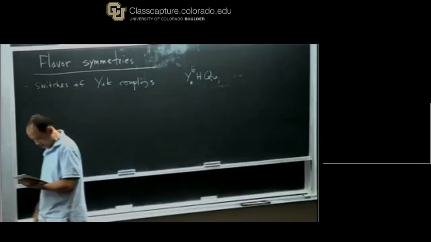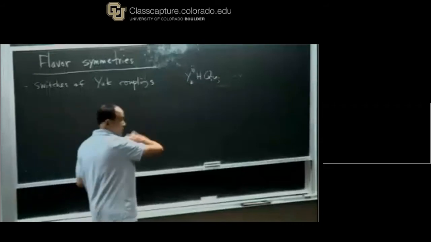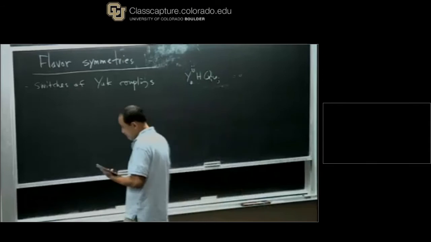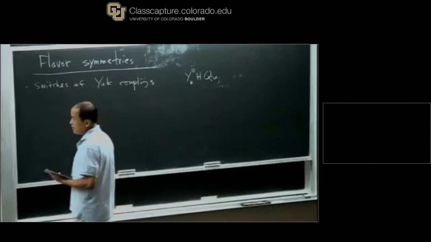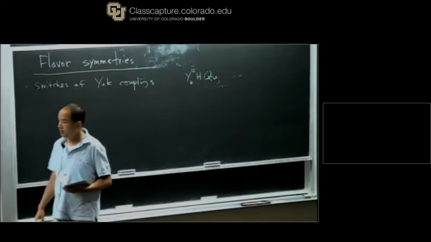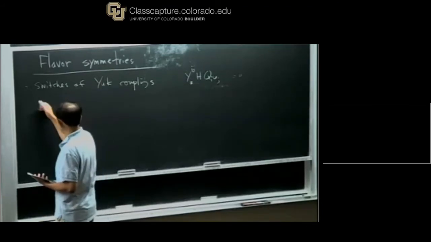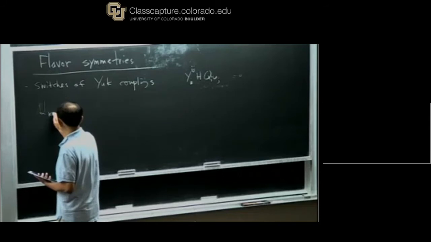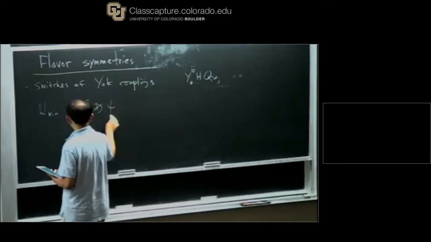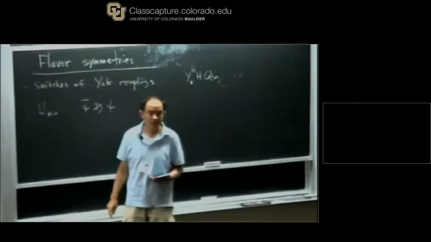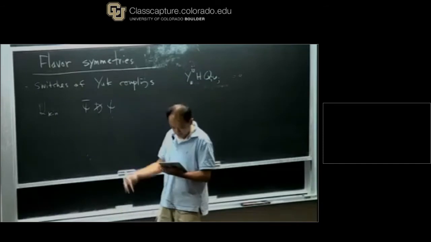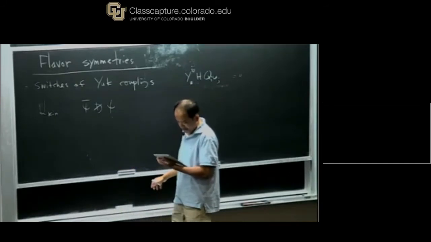So let's switch off all the quark and lepton Yukawa couplings. Now we only have kinetic terms. The kinetic term basically looks like this, with the flavor indices here, which commute with all the gauge rotations.